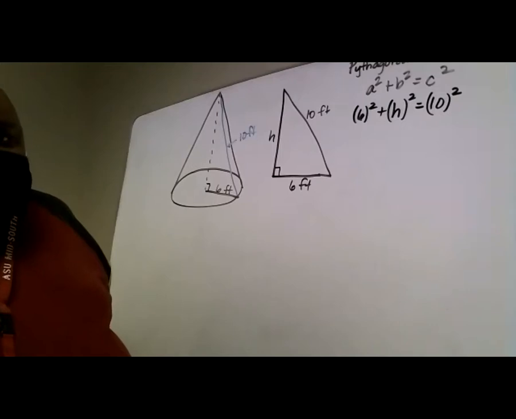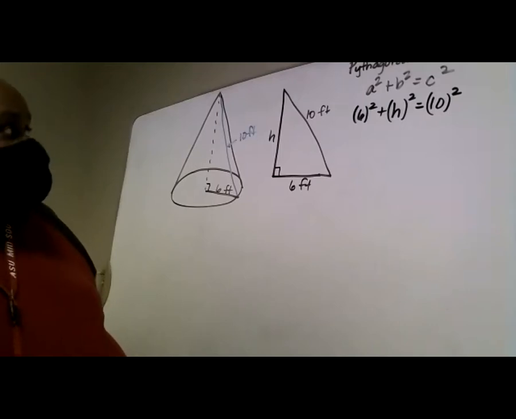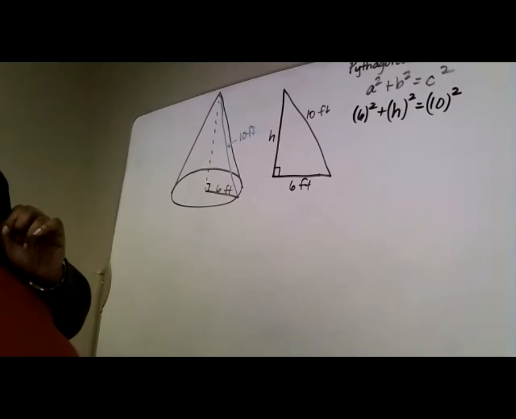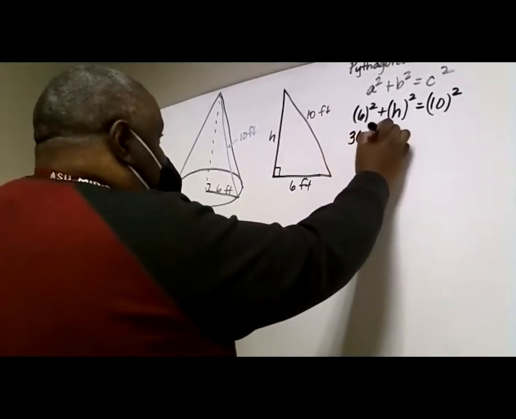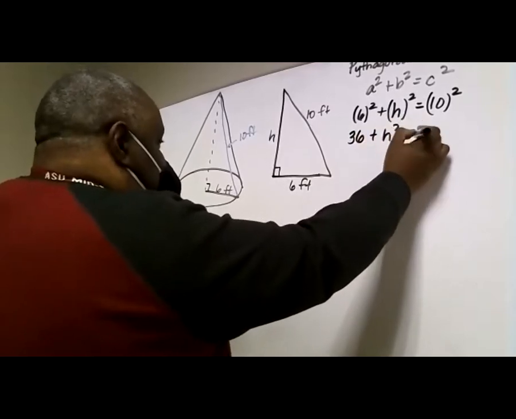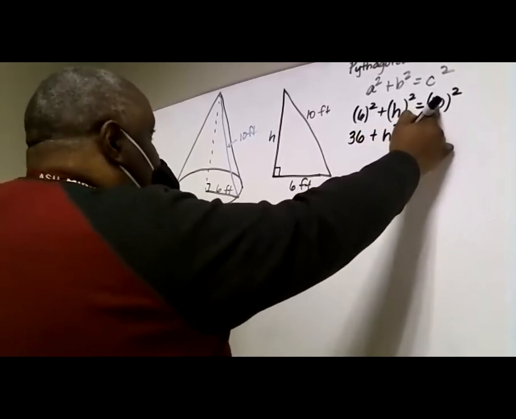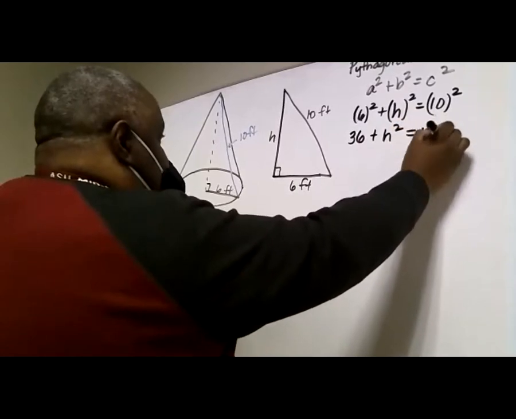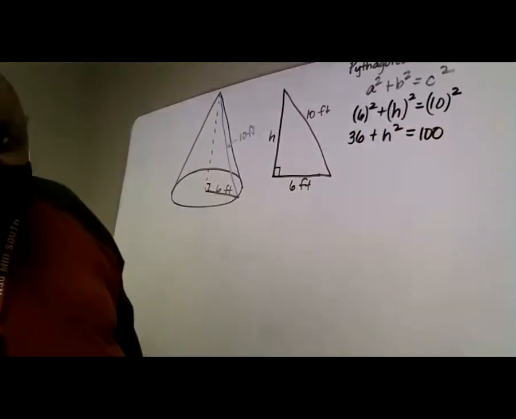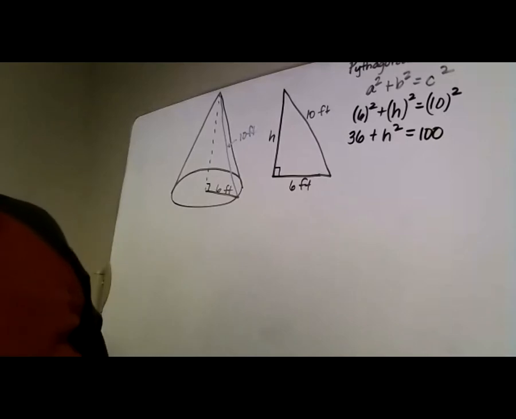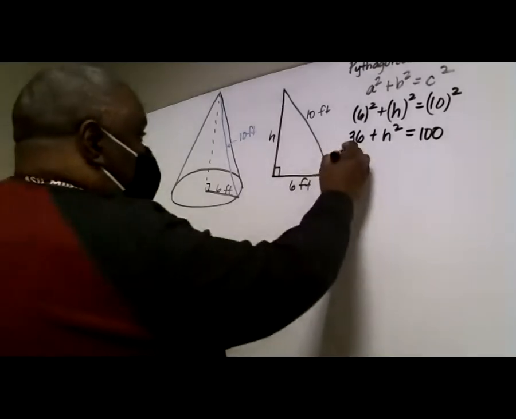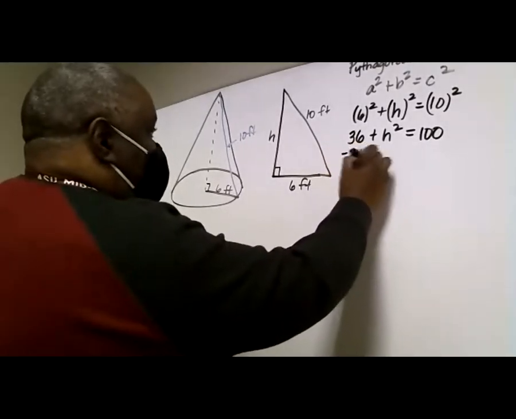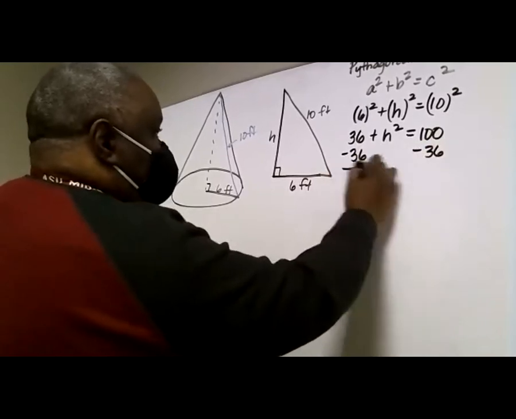Now we're going to simplify this. 6 squared is 6 times 6, that's 36, plus h squared equals 10 squared, or 10 times 10, that's 100. So I got 36 plus h squared is equal to 100. I'm trying to find out what h is. I'm adding 36, so I need to subtract 36 on both sides.